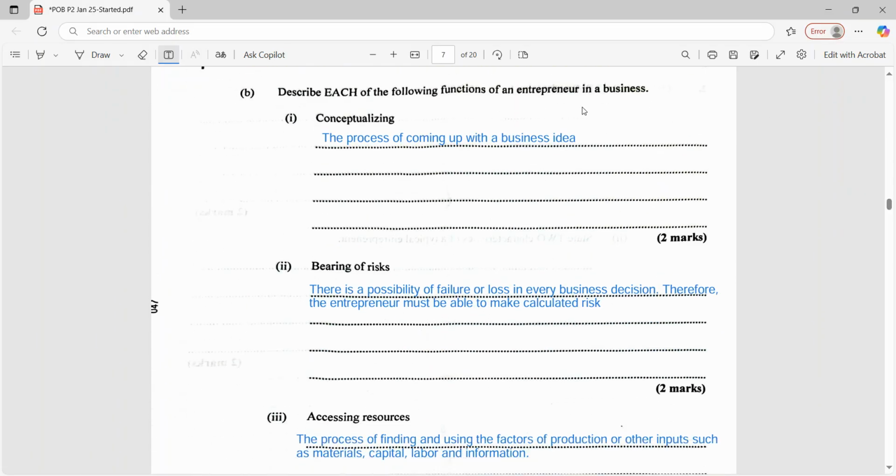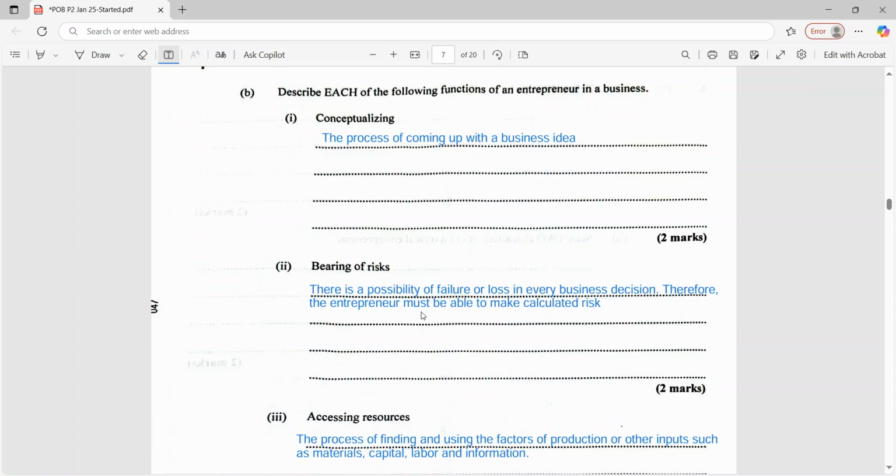It says describe each of the following functions of an entrepreneur in a business. The first one being conceptualizing, and we know that this is the first step of the entrepreneurial process. And this is when the entrepreneur comes up with a business idea. Bearing of risk: as an entrepreneur, there's a possibility that the business decision that they have conceptualized will fail.